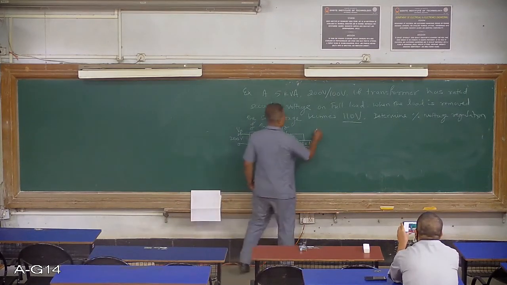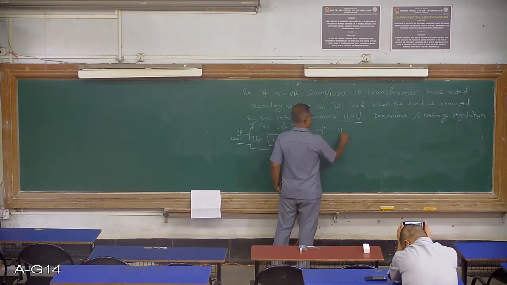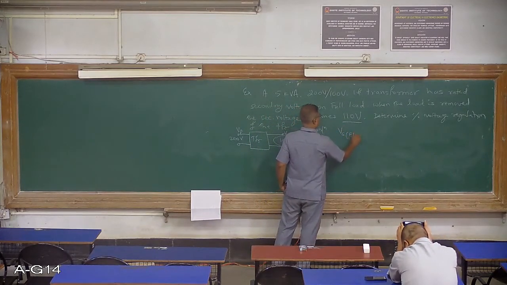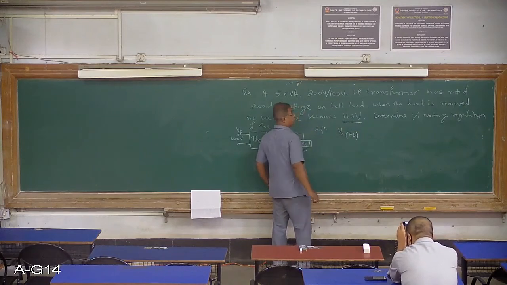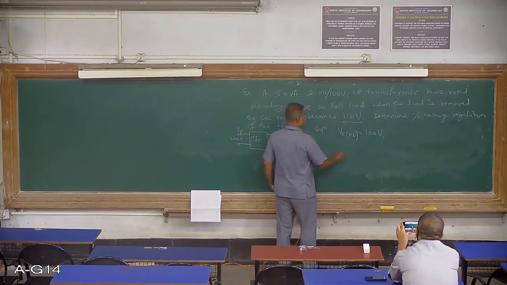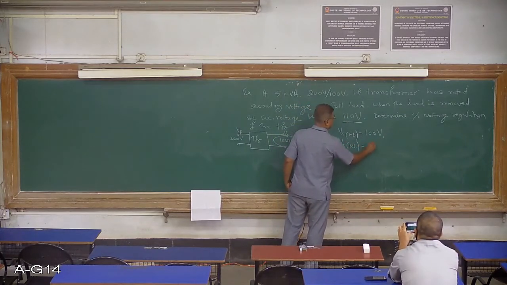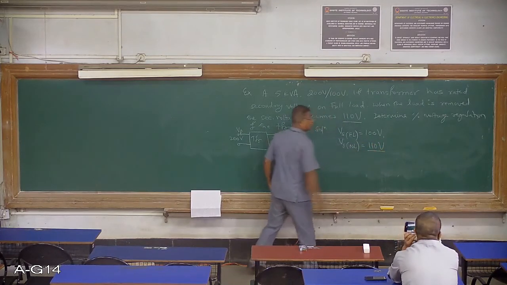So with this information, you are supposed to calculate the voltage regulation. Okay. So from data, we have secondary voltage at full load is 100 volt. Secondary voltage at no load is 110 volt.